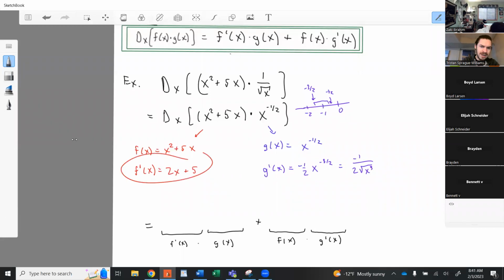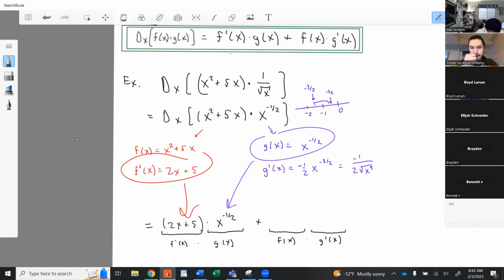So the first thing I have here is f prime, so that's going to go right there. So I have 2x plus 5, and then I need my g. So I'll take g from here and put it over there. So times x to the negative 1/2, and then plus, then I take f, right? So I guess I got to grab that guy.